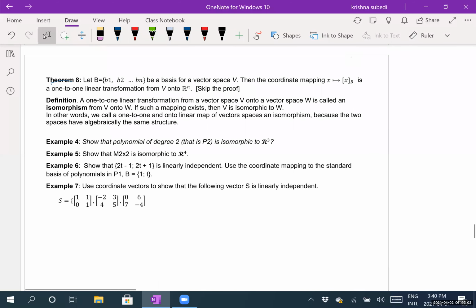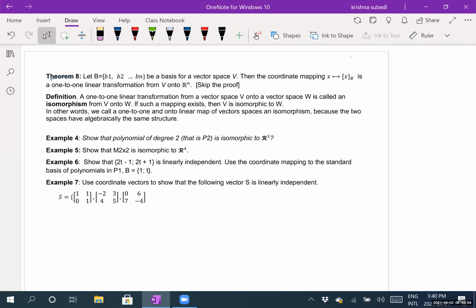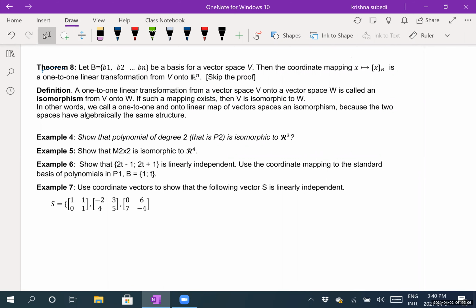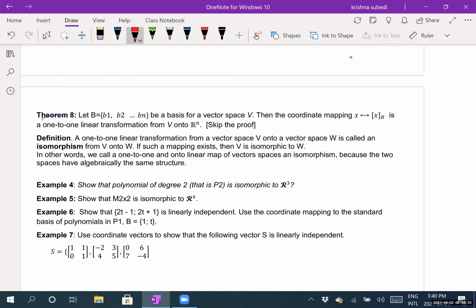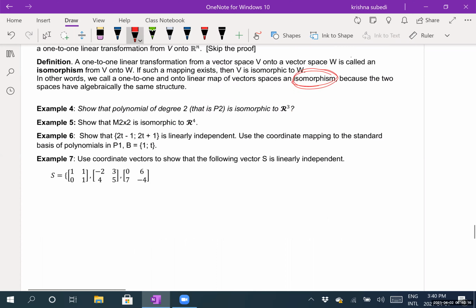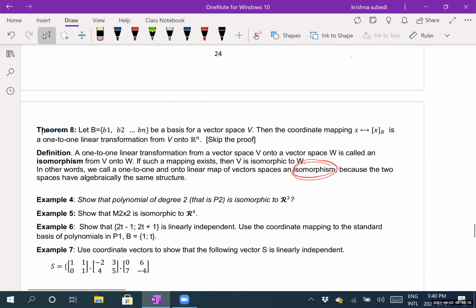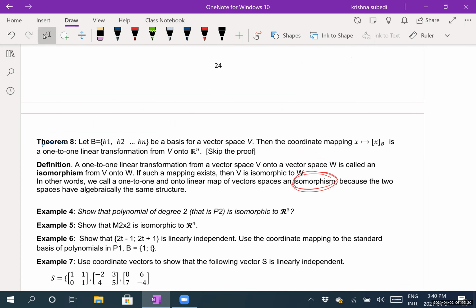Okay, now let's talk about one very important concept. This is what we call isomorphism. Okay, isomorphism. What does that mean?